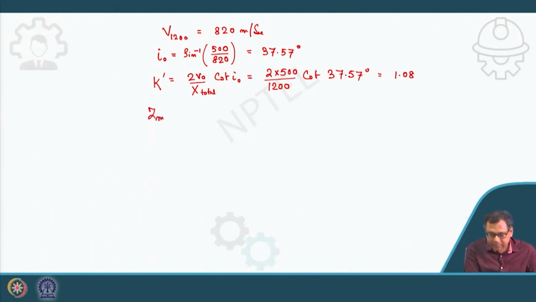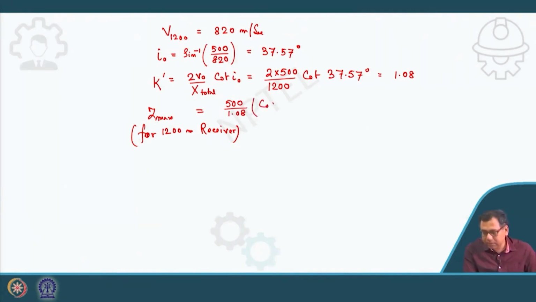And Z max for the 1200 meter receiver is equal to 500 times 1.08 into cosec 37.57 degree minus 1.